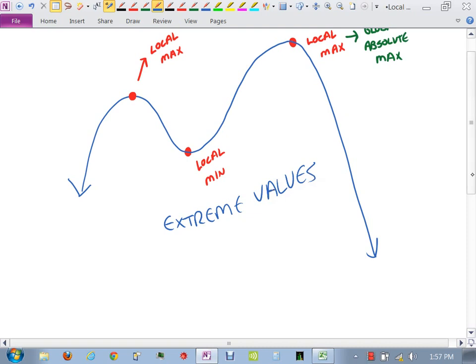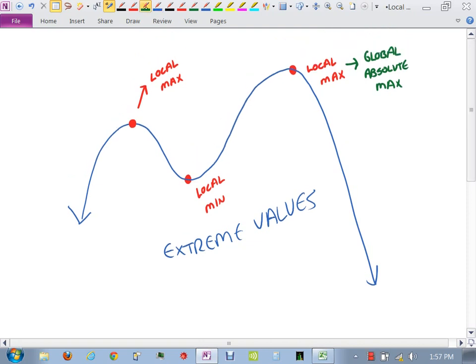Now, it turns out that in this section, we come to find that if you ever have a local max or min, if one exists, then there's something about the tangent line there. What's the slope of the tangent line at any local max or minimum? 0, right? F prime is 0 here.